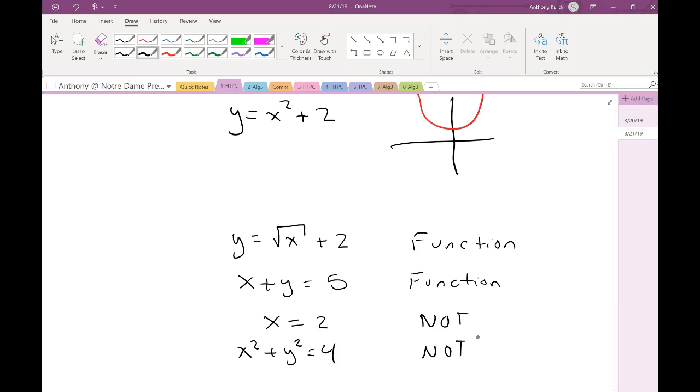Hopefully from your geometry course, you remember at least talking about the equation for a circle. They're always of the form x squared plus y squared equals r squared. So specifically the issue is these y squareds. If you see a second degree y variable, probably not going to be a function.